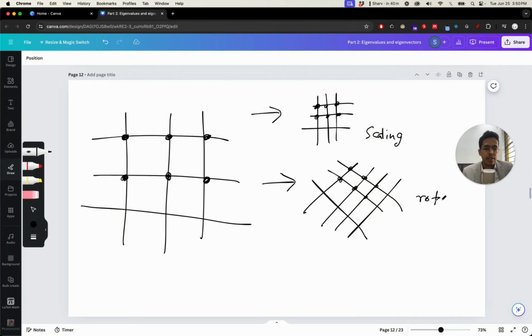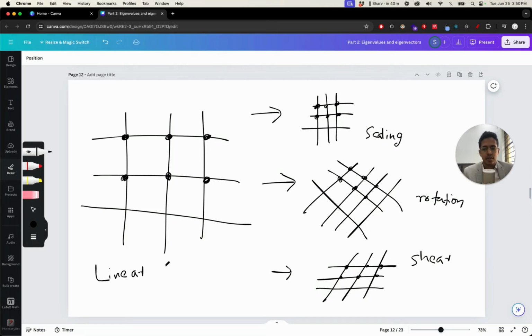So this is rotation. And let's say we were doing shear, then in that case, this looks like this and this looks like this. Again, the lines on which these points are situated are parallel, and the points are equidistant. So that is shear. So all of these are linear transformation operations for this reason.